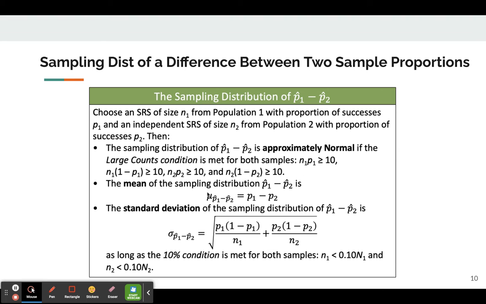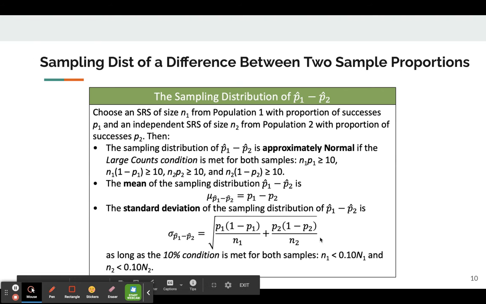The mean of the sampling distribution is pretty simple to find. It's just equal to P1 minus P2, the population proportion of the first population minus the population proportion for the second population. And the standard deviation is given by this beast right here. And that's the square root of this plus this. It's always plus.